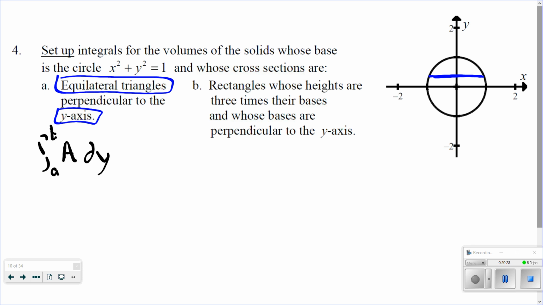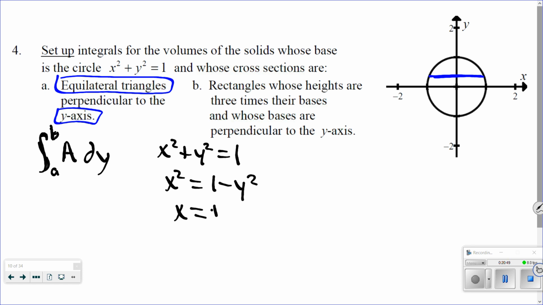That means, if you look up at your equation again, because it just has x squared plus y squared equals 1, it has one equation. I want my equation in terms of y, so I want to solve for x. So I'm going to take x squared plus y squared equals 1 and solve for x, so minus the y squared over. So x squared equals 1 minus y squared. Take the square root.